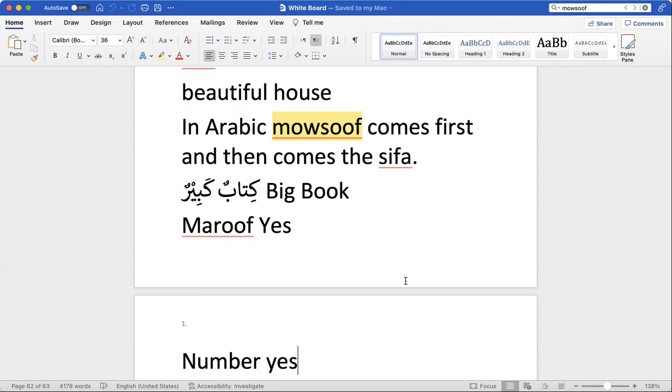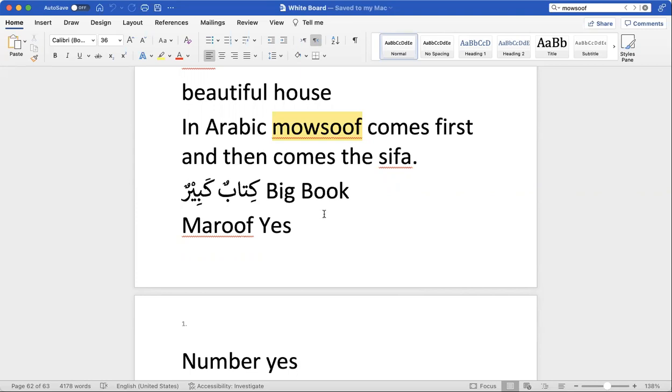Then their gender should also be the same. If one is masculine, the other should be masculine; if one is feminine, the other should be feminine. Then type, qism: if one is nakira, the other should be nakira; if one is mu'arifa, the other should be mu'arifa. If all four properties of the two words are the same, then they are a combination of sifa mawsoof.